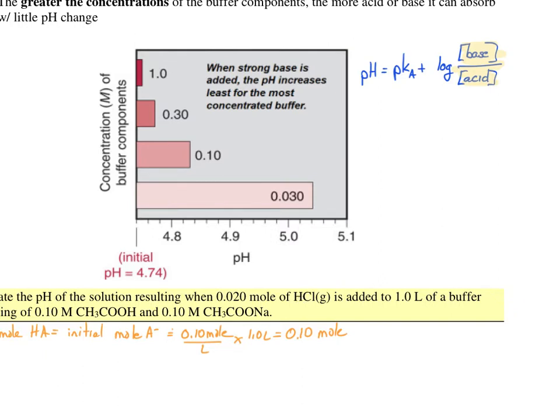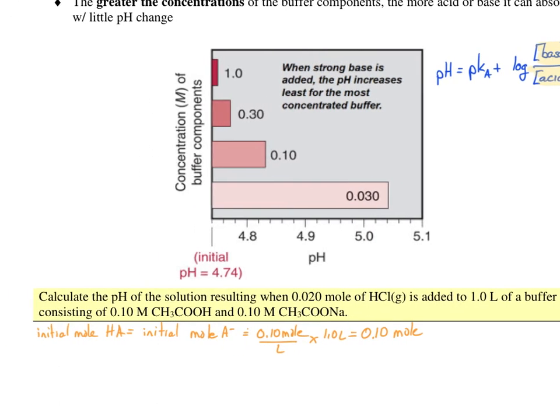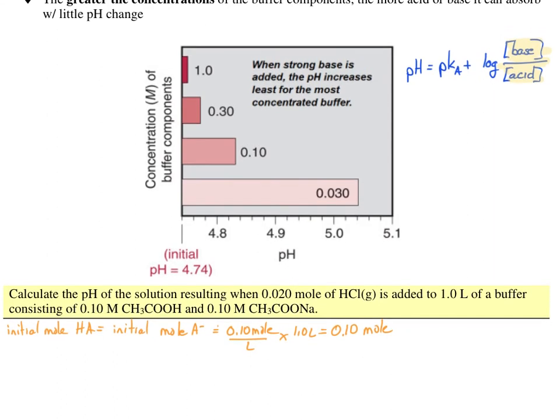We know the initial concentrations, but we want to calculate these concentrations after the added acid has been absorbed. To do that, we first need to know the initial amounts of our weak acid and its conjugate base, and we do that by multiplying our concentration times our volume, and we get 0.1 mole of each of these components.